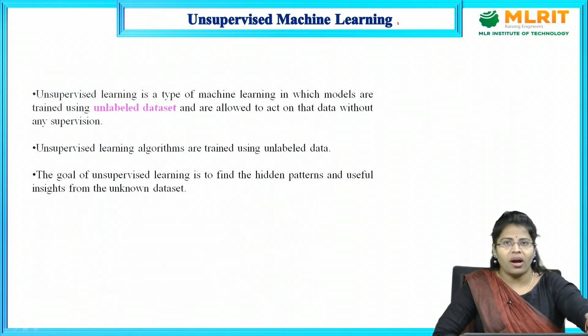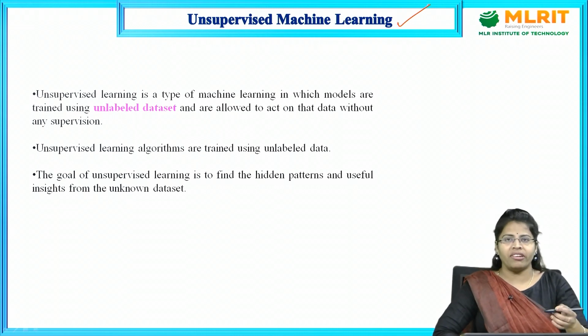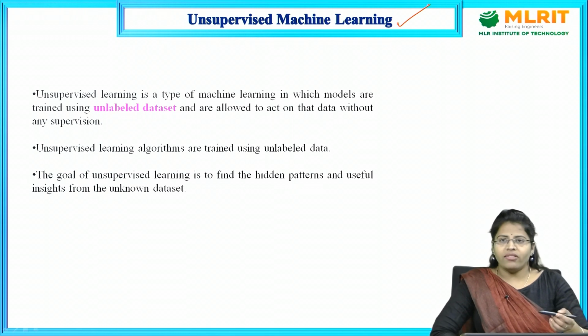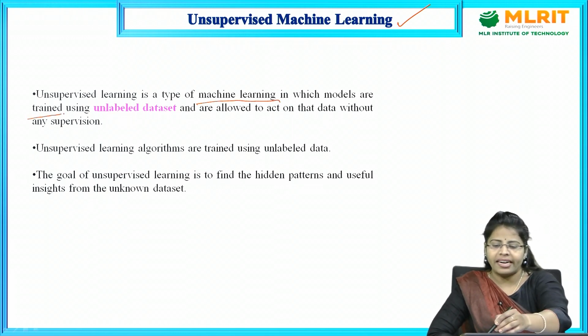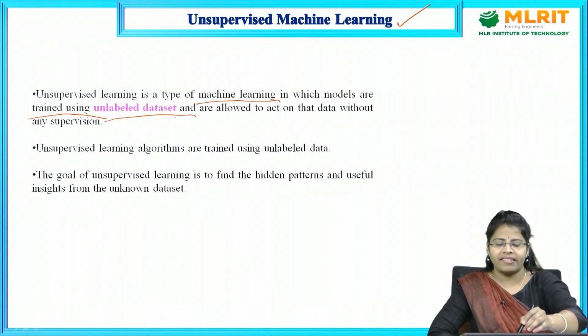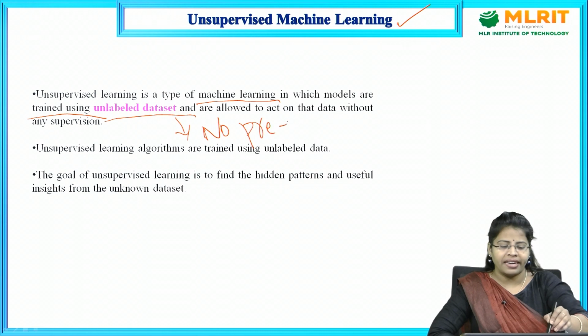Next, coming to unsupervised machine learning, the second type of machine learning. Unsupervised learning is a type of machine learning in which models are trained using an unlabeled data set. Unlabeled data set means there are no predefined tags.